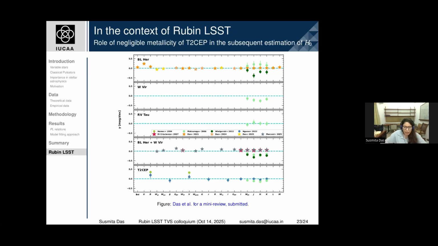We do not have as many spectroscopic metallicities as we want at the moment, but for type 2 Cepheids this is not so much of a concern, because we find from theoretical predictions that there is negligible effect of metallicity on the PL relation.